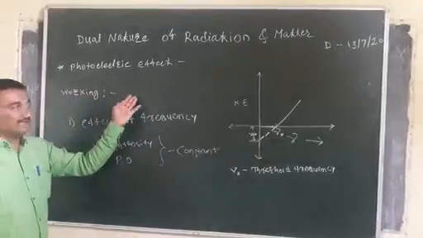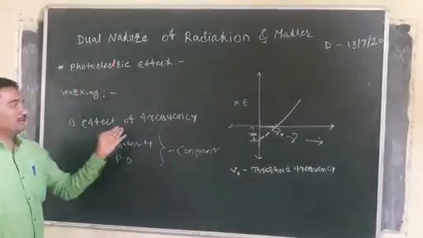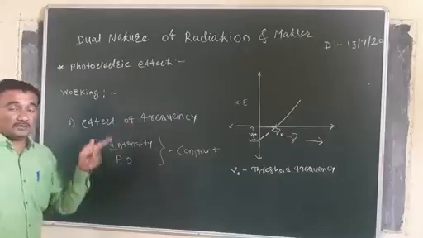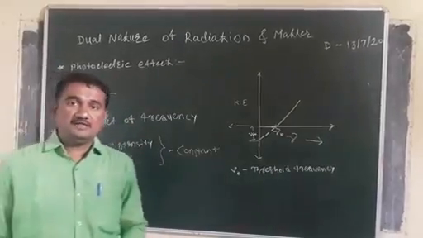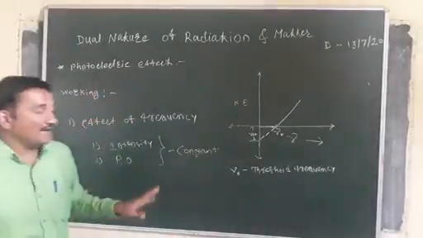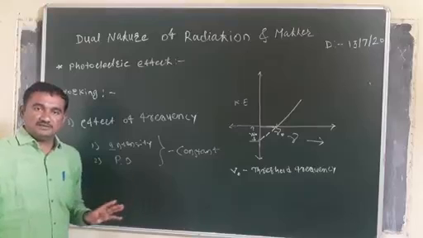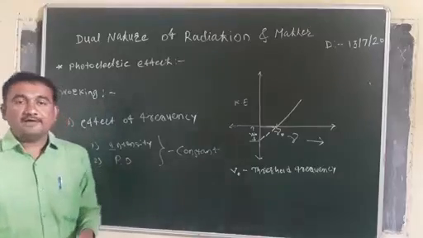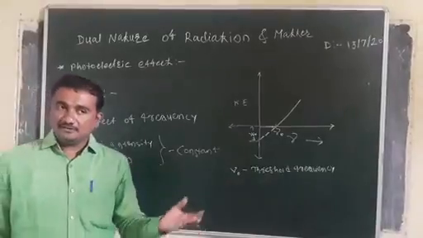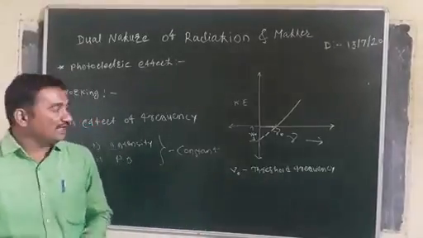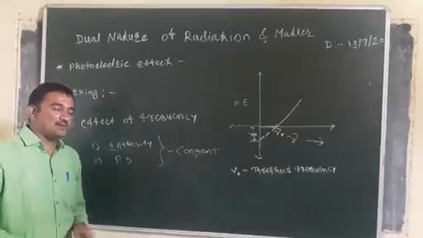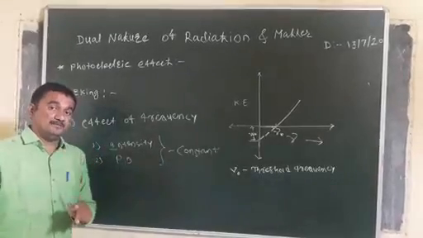So, in this lecture, we have seen the effect of frequency. In the next lecture, we are going to study the effect of intensity as well as the effect of applied potential difference between the plates. To study the effect of applied potential difference, just remember the diagram. In that diagram, we are using a reversing key.